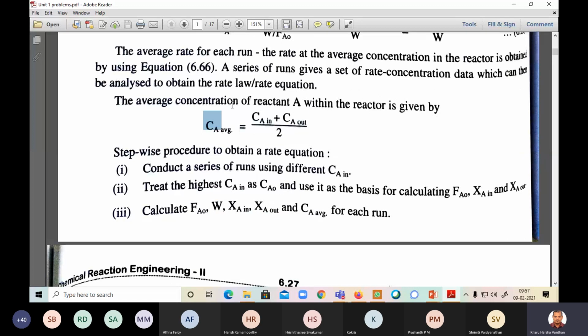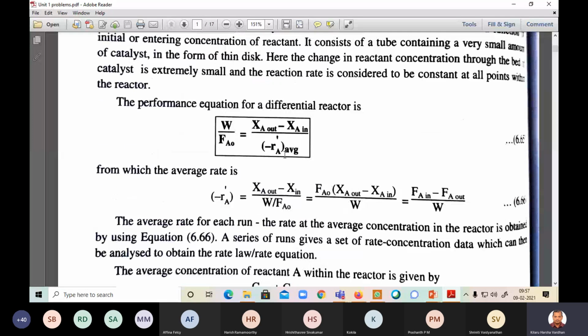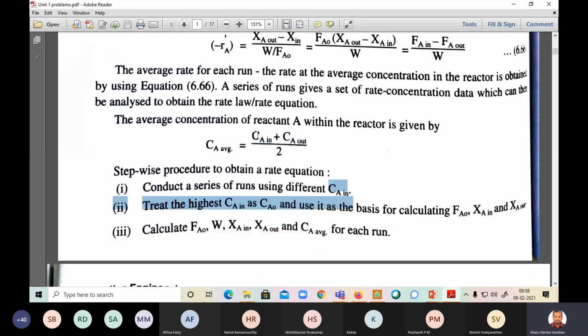So what are the steps to follow? Conduct a series of runs using different Ca in values. Ca in means the initial concentration of A, which is the reactant. With a series of runs, treat the highest Ca in as Ca naught and use it as the basis for calculating Fa naught.